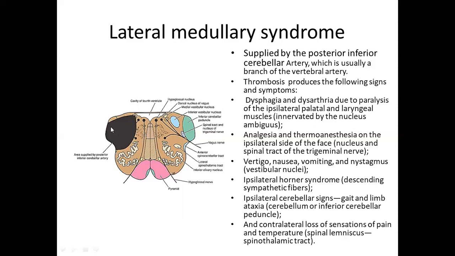Then there are ipsilateral cerebellar signs: it will produce gait and limb ataxia because of the involvement of the inferior cerebellar peduncle. And then there will be a loss of contralateral pain and temperature because of the involvement of the lateral spinothalamic tract, which will be forming the spinal lemniscus.